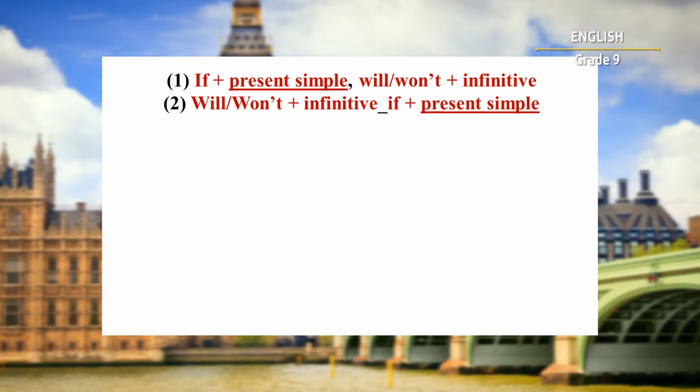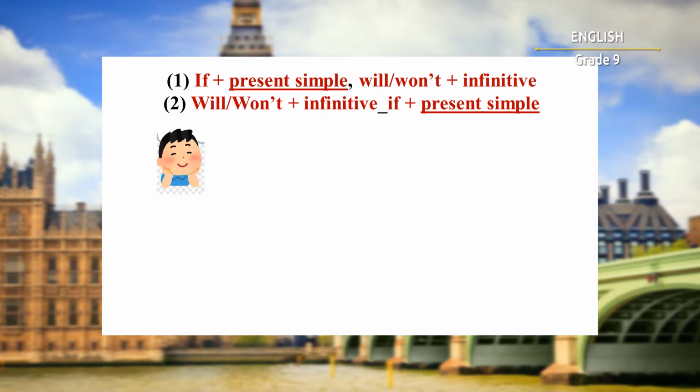You have two forms of the first conditional. Number one, if plus present simple, a comma, will, won't plus infinitive. And number two, will, won't plus infinitive, no comma, if plus present simple.